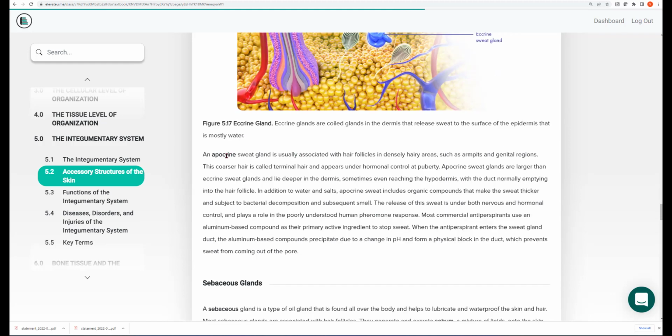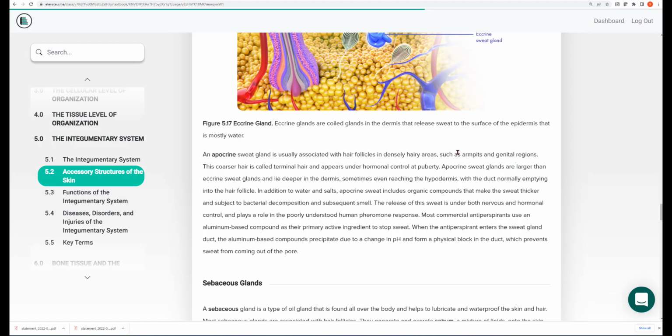Now, apocrine sweat glands. We've seen that word apocrine before. Remember, apocrine was also a method of release, where the apical portion of the cell was pinched off, as, for example, breast milk is produced. Apocrine sweat glands are found in the armpits and in the genital region.